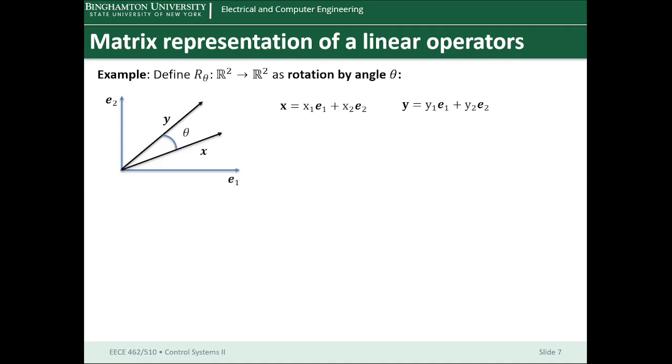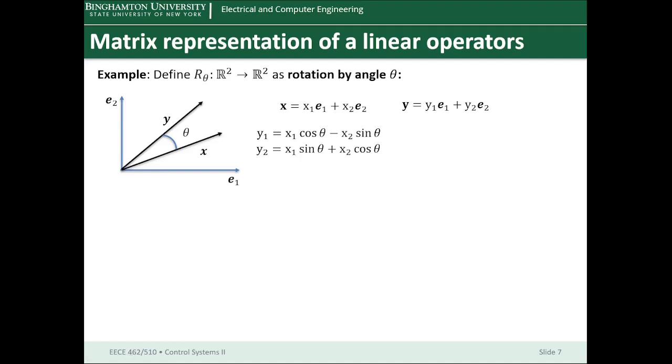Just as we express x in terms of e1 and e2, we can also express y in terms of e1 and e2 with coordinates y1 and y2. We can derive the relation between y1, y2 and x1, x2 with respect to the angle theta. y1 equals x1 times cosine of theta minus x2 times sine of theta. y2 equals x1 times sine of theta plus x2 times cosine of theta.